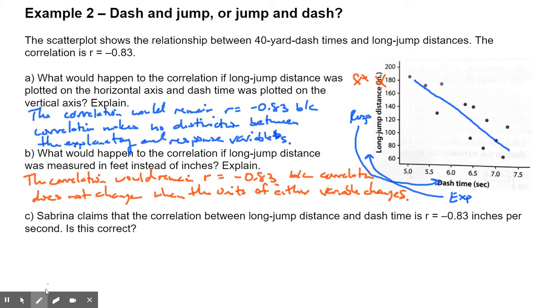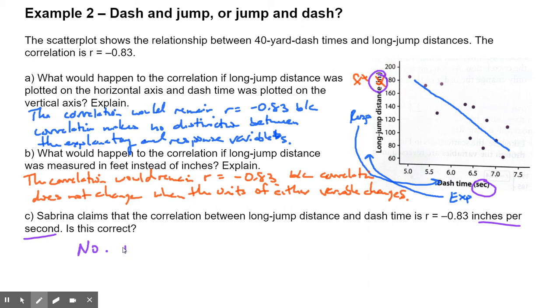All right, and last but not least, here we go. Sabrina claims that the correlation between long jump distance and dash time is R equals negative 0.83 inches per second. Is she correct? So what she's trying to do is take the unit of the y, the unit of the x, and go inches per second. And of course we know this is not right. No, she's not correct.